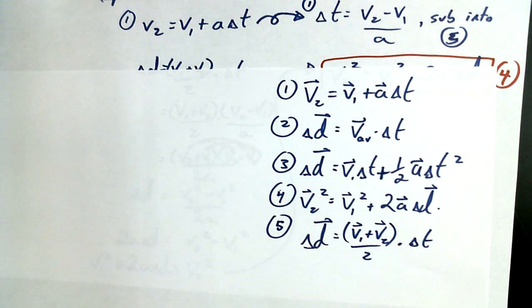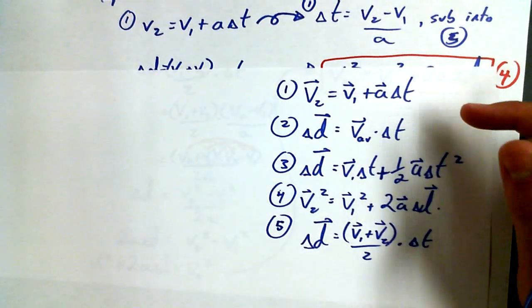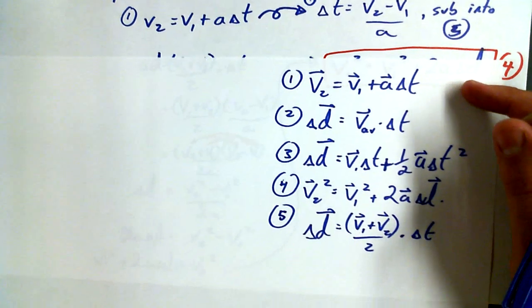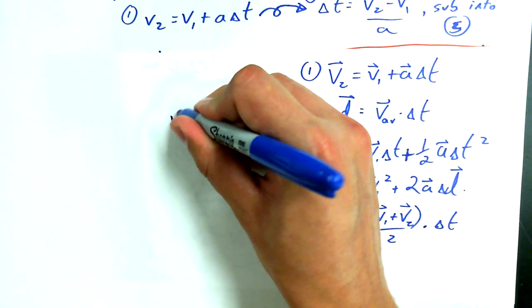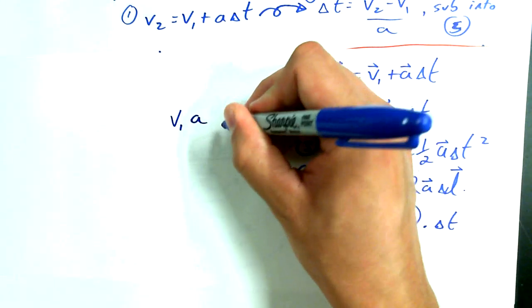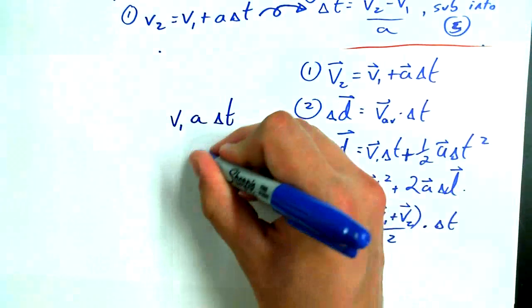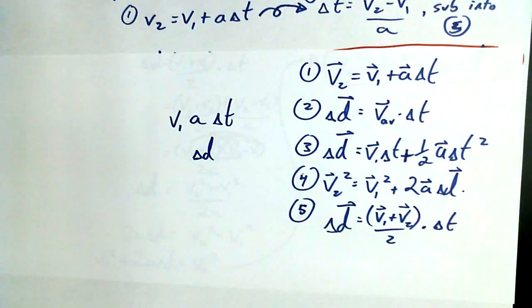5 equations of motion. Now some people like to say, why do we have 5 equations of motion that seemingly deal with like all the same variables? Now if I'm dealing with a problem that only gives me, let's try this out, V1, acceleration, and delta T, and I would like to find displacement, what's an equation that might fit that requirement?